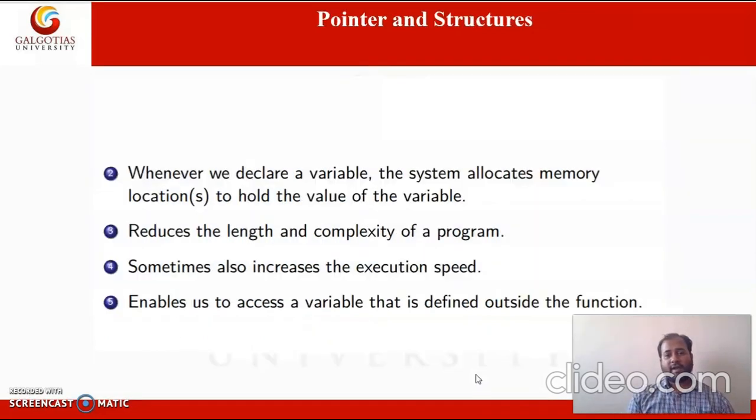Whenever we declare a variable, the system allocates memory locations to hold the value of that variable. If we are writing programs, we need variables, and we declare the variables in the program.